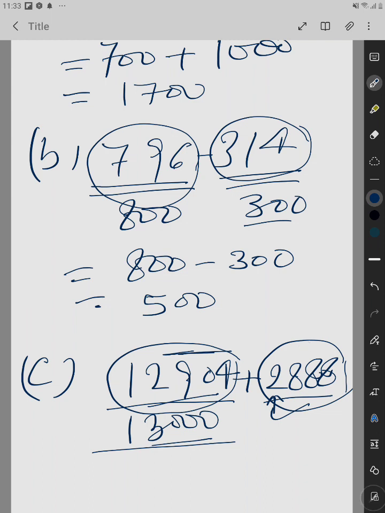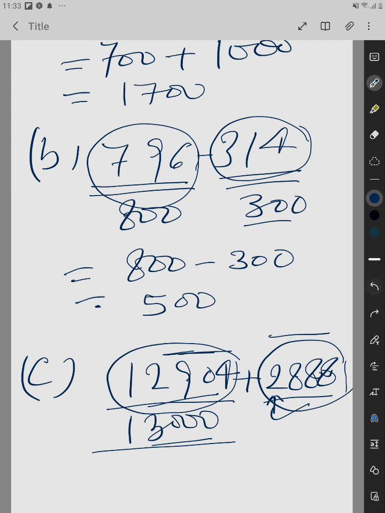Since here the digits are 3 only, it will be considered at hundreds value. Okay, I think you have got the point.